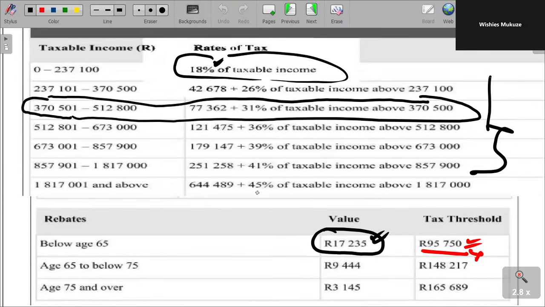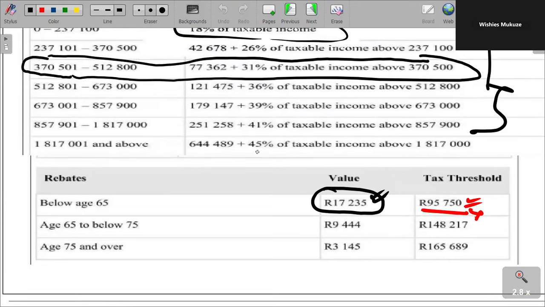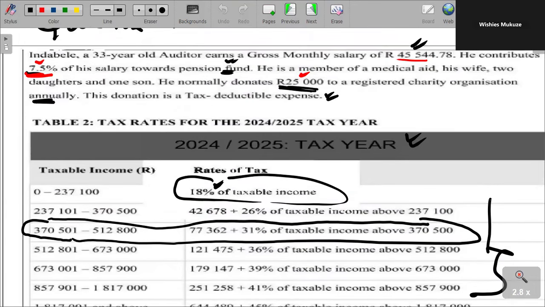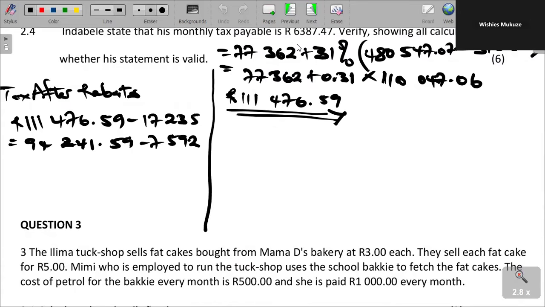Minus 7,592, and then that would come to 7,992, which is going to give us that amount. We calculate there, put it through your calculator, minus that one. This is going to give us 76,649.59.